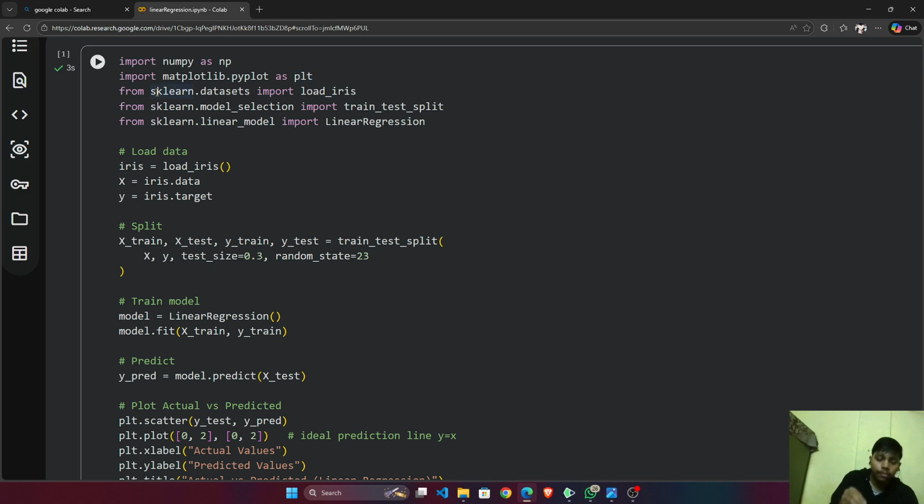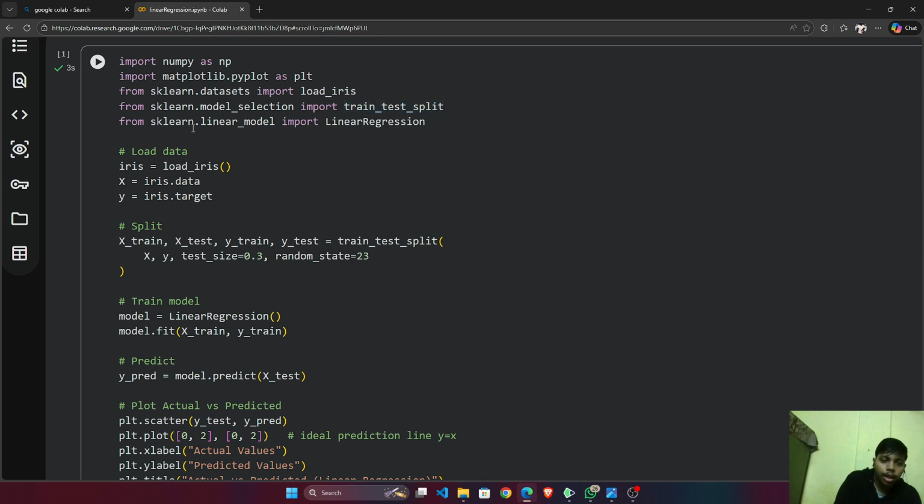Then we have called the iris data set, load_iris, which is in datasets of sklearn. Sklearn is a library which has multiple types of sub libraries, and one of them is datasets. From there we called load_iris. Then from sklearn model selection, we imported train_test_split.